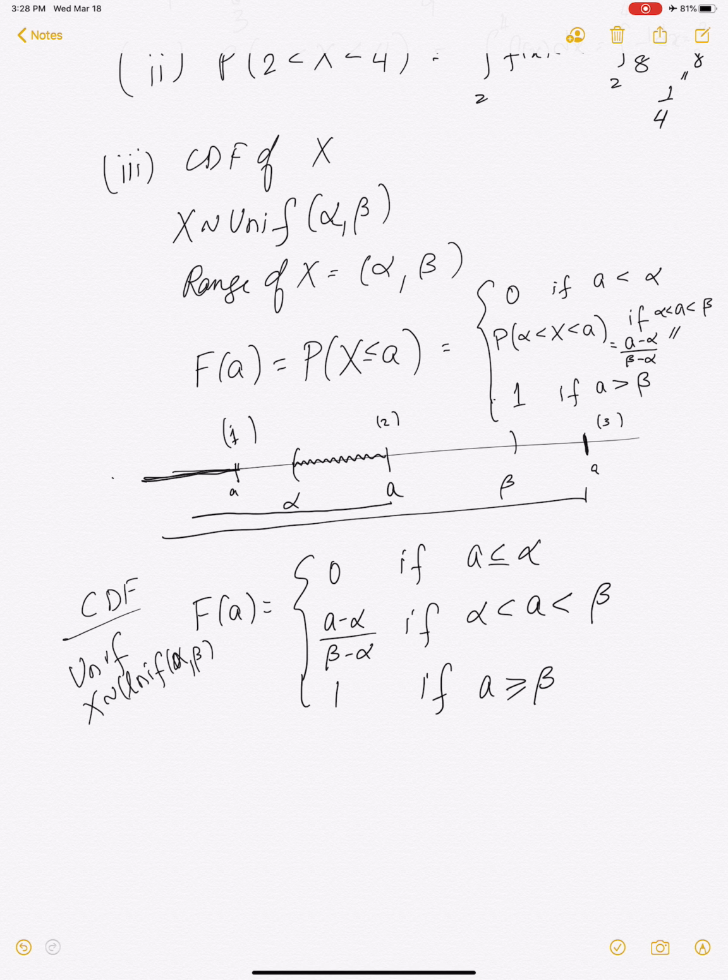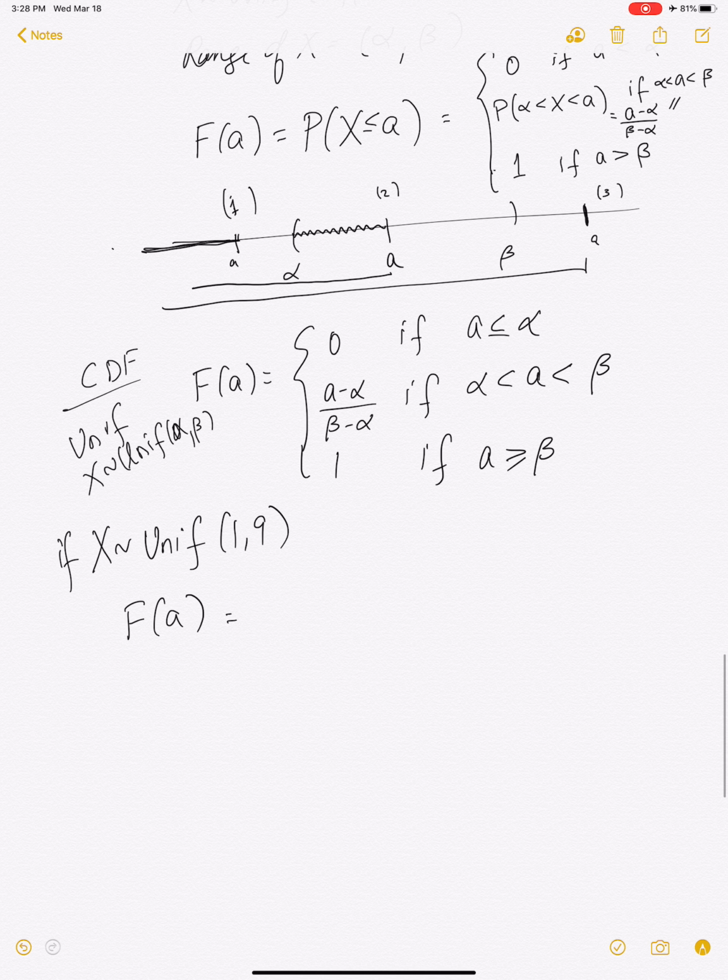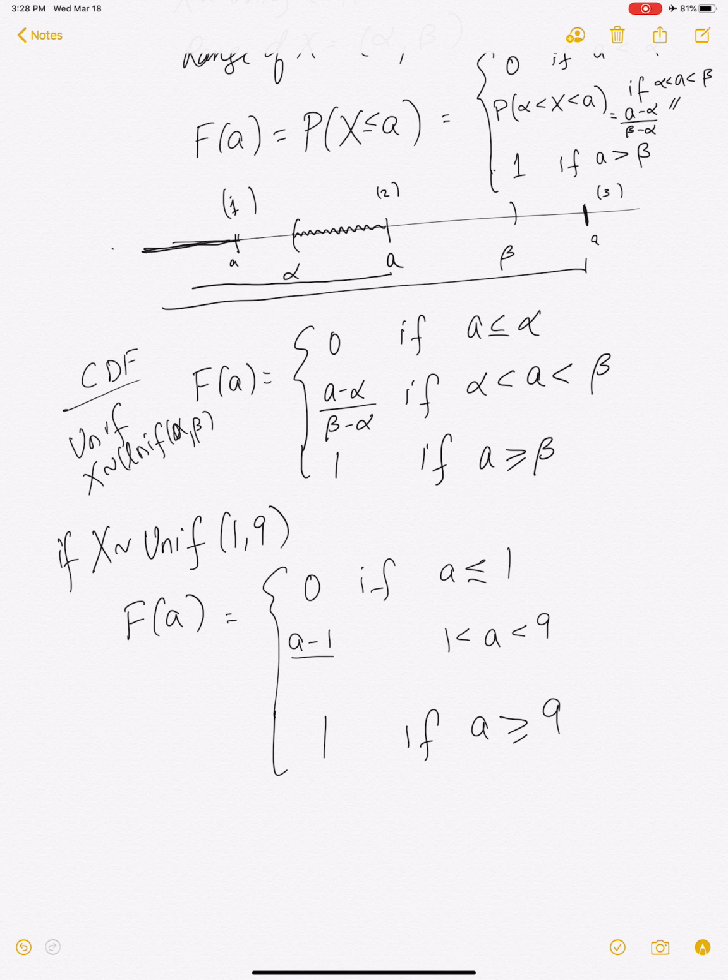In our situation, if x is uniform 1 to 9, then the CDF of x will be 0 if a is less than 1. It'll be 1 if a is bigger than or equal to 9. Between 1 and 9, it will be (a minus 1) over (9 minus 1), that is 8.